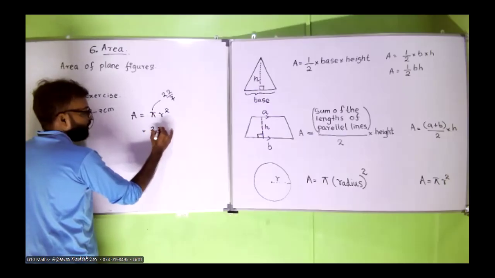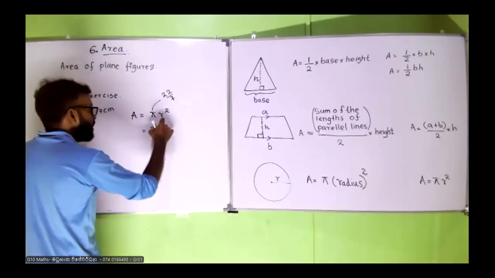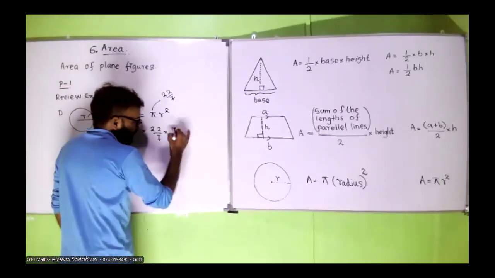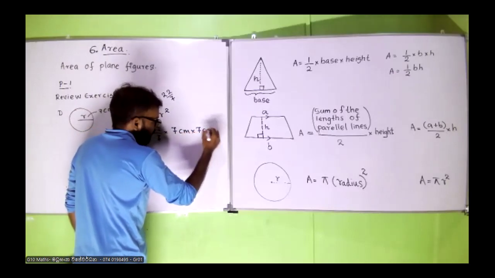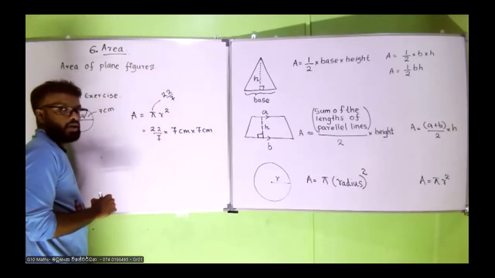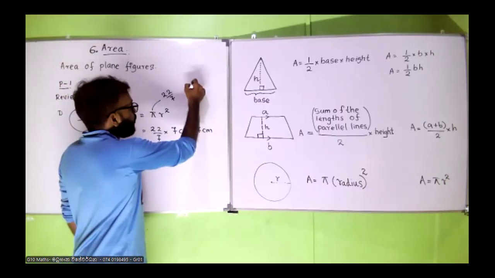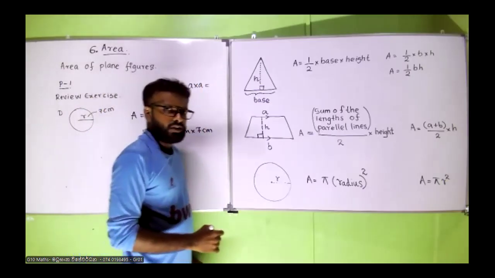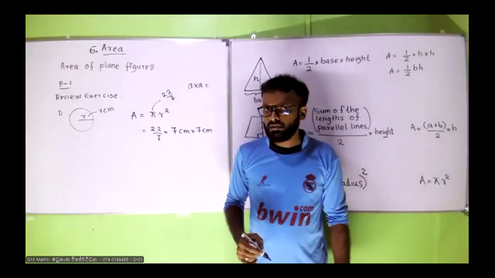So substitute 22 upon 7 multiplied by r to the power 2. r is equal to 7, 7 centimeters into 7 centimeters. What is this? Centimeter into centimeter. You know how to multiply same bases, by using the knowledge of the indices lesson.